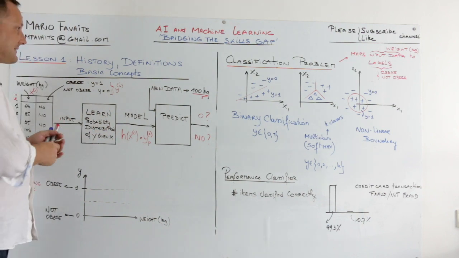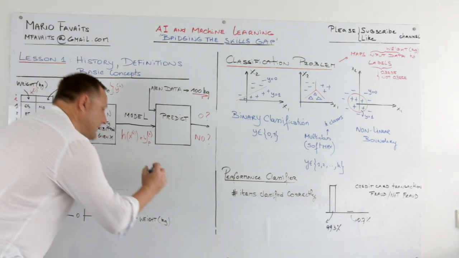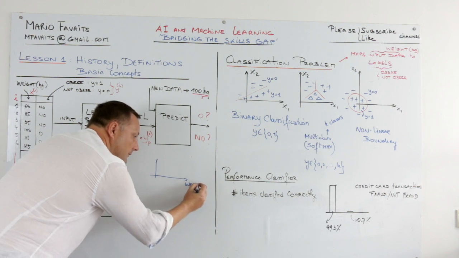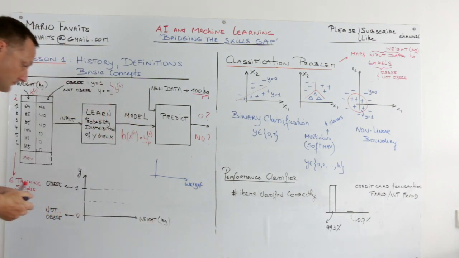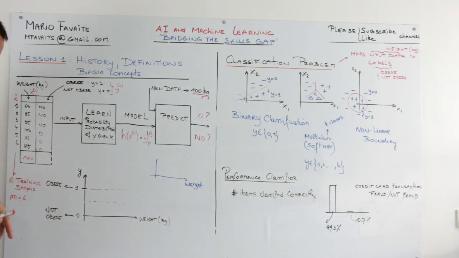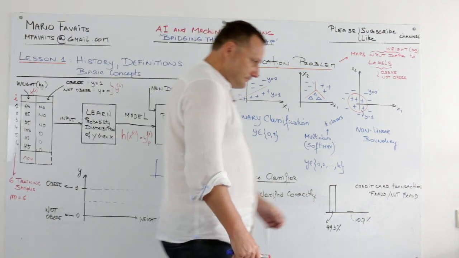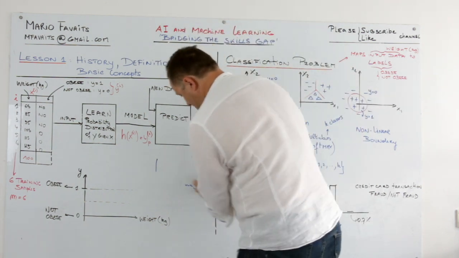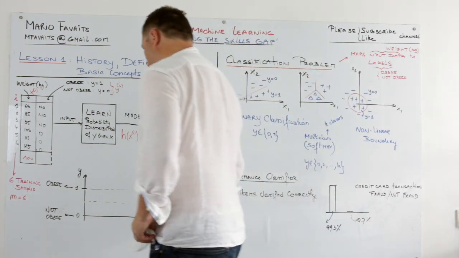You have the weight on the x-axis, so the x-axis is weight in kilograms. The y-axis is a 0 or a 1, that means obese or not obese. So let me take this one away, not to confuse you.